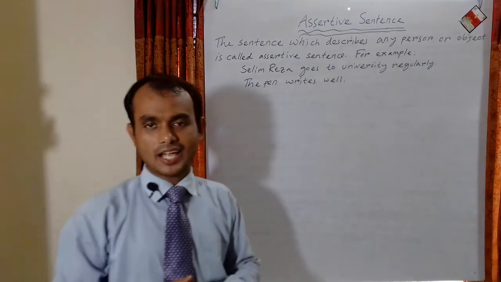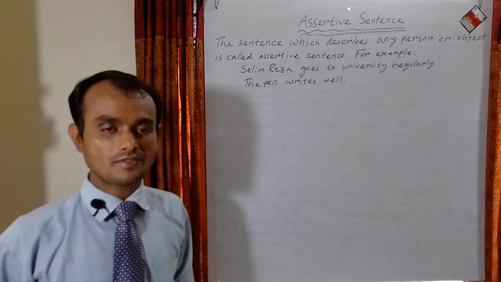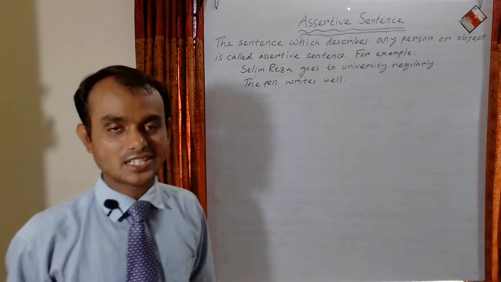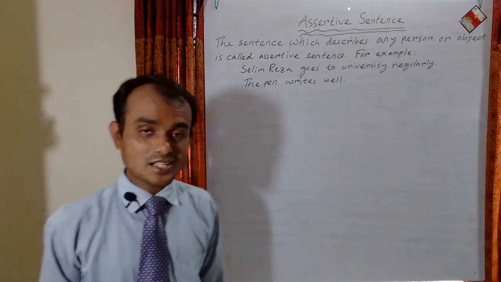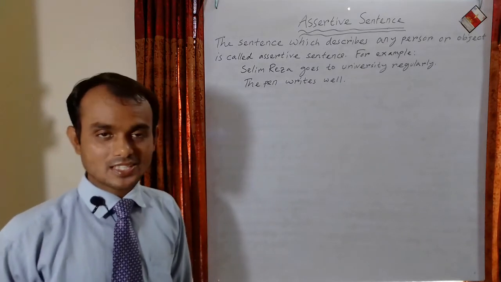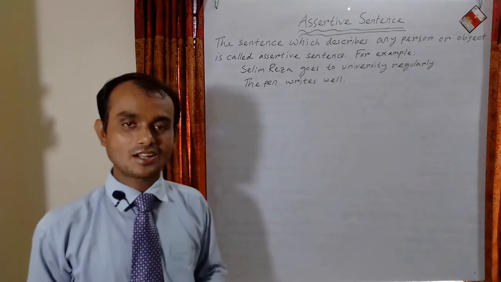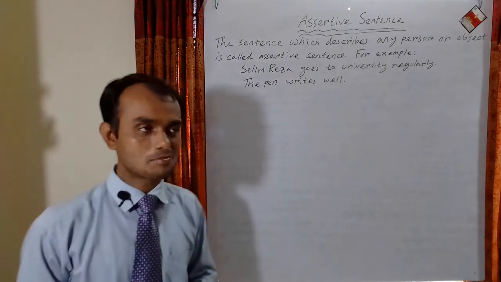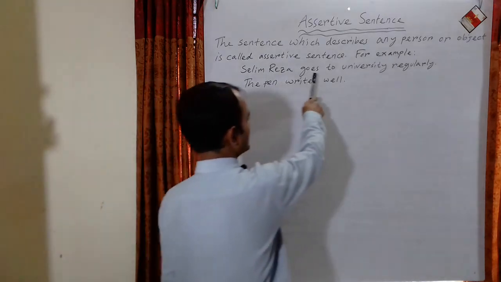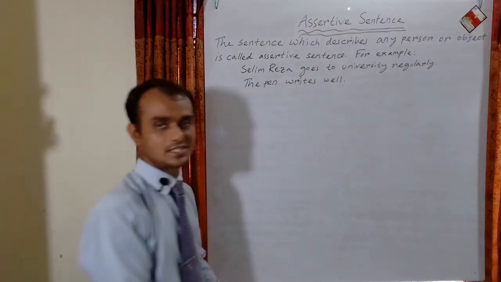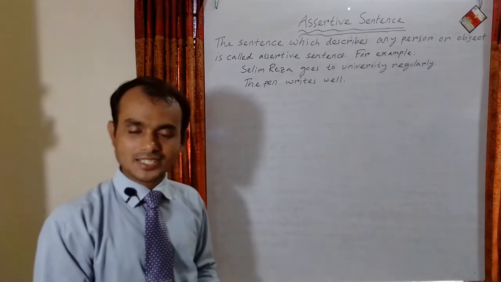Dear students, I have already written the definition of assertive sentence with its example. What is assertive sentence? The sentence which describes any person or object is called assertive sentence. For example, Salim Raja goes to university regularly. Look at the sentence.